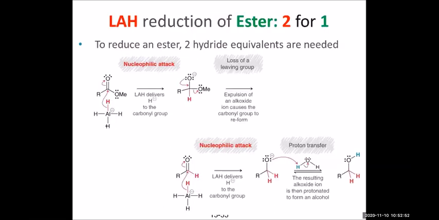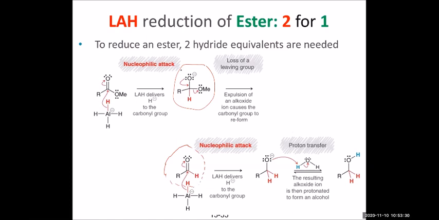The reaction happens based on nucleophilic attack, and it forms a tetrahedral intermediate. When the reaction is with ester, after the tetrahedral intermediate, it actually first forms aldehyde as a reaction intermediate.